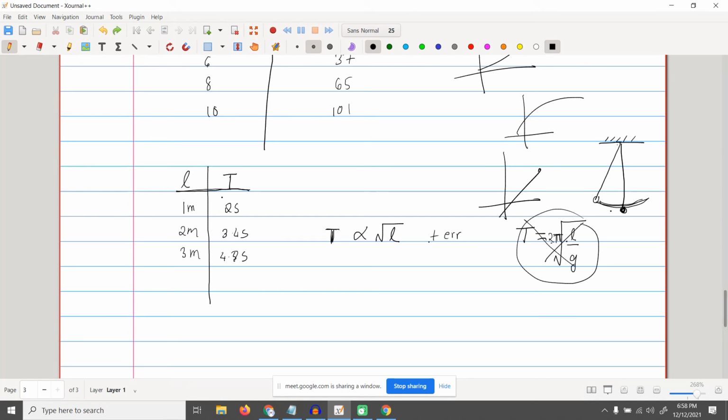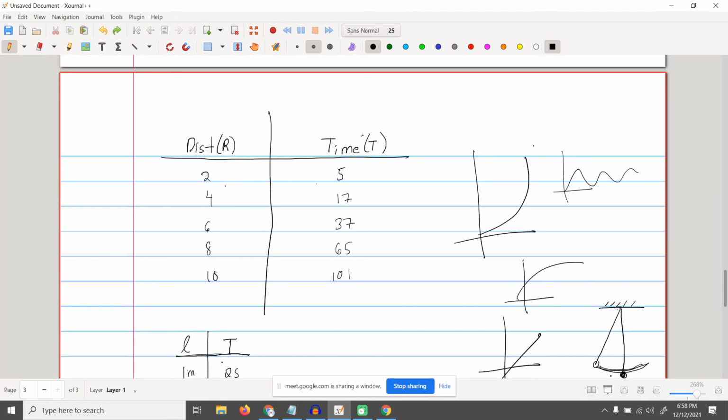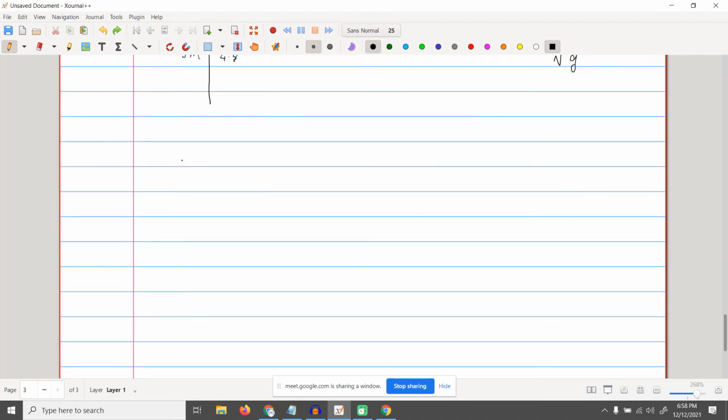So anytime you have a graph like this, this is what you do. You have your first variable, in this case the time for the planets to go around the sun. This is your second variable, the radius of the planet.